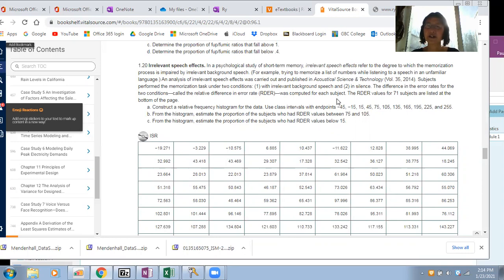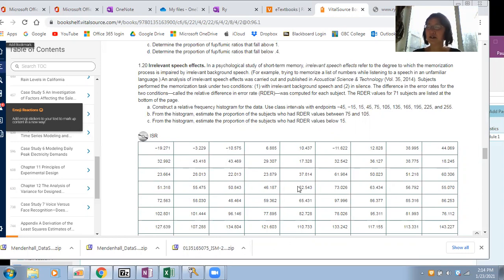The difference in the error rates for the 2 conditions, called the relative difference in error rate, was computed for each subject. The RDER values for 71 subjects are listed in this table here.